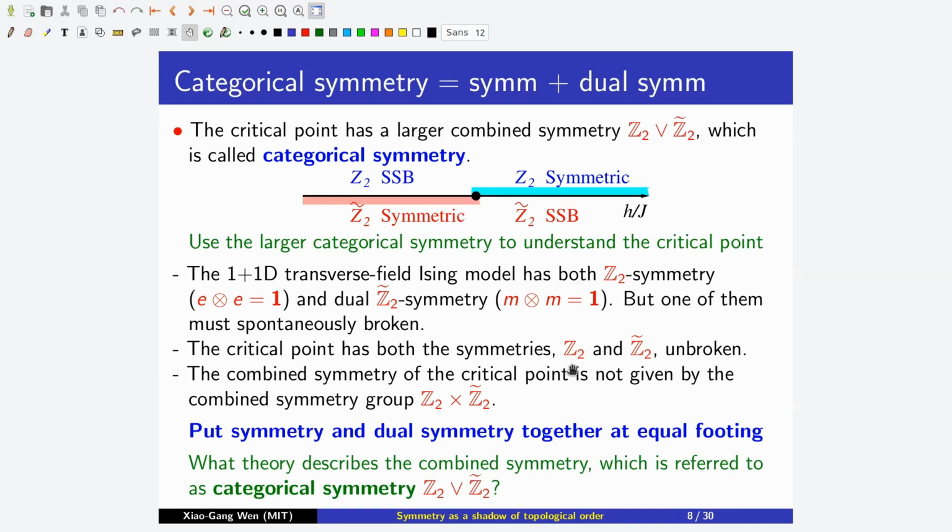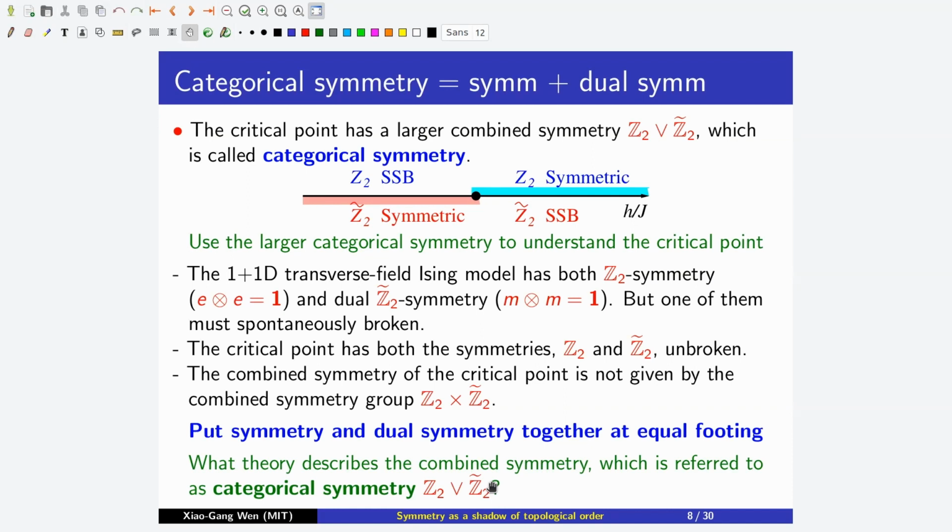But the one point I want to say is that although we have two conservations, one conservation and another conservation, putting two conservations together does not give us a Z2 cross Z2 symmetry. It's not this symmetry. And the reason is that there are some actual features of this symmetry. So we had better say this is some different combination, but not an ordinary combination.